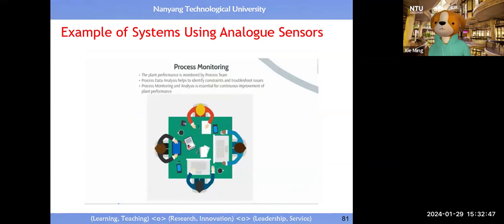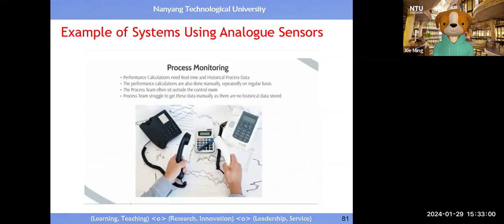Process teams identify the constraints and troubleshoot the plant problems. Process monitoring and analysis is essential for continuous improvement of plant performance. The performance calculations need real-time and historical process data. The performance calculations are also done manually, repeatedly on a regular basis. The process team often sits outside the control room, and they struggle to get this data manually. The historical data is limited to a few days due to limitations in process control systems.